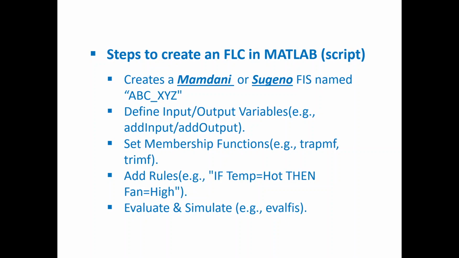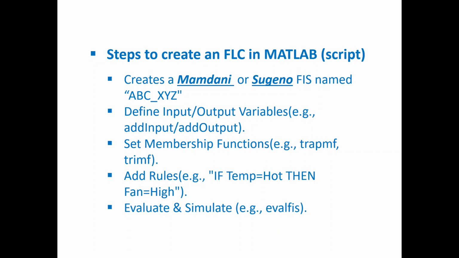Then after you might have set the membership function, we are now going to add the rules that the inference engine is going to use to do the needful. For us to be able to do that, we are going to make use of if-then statements. I've told you in our last class that if you are making use of an if-then statement, in between if and then we are going to have the antecedent, and after then we are going to have the consequence.